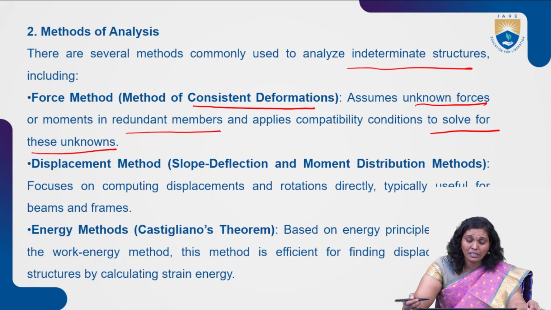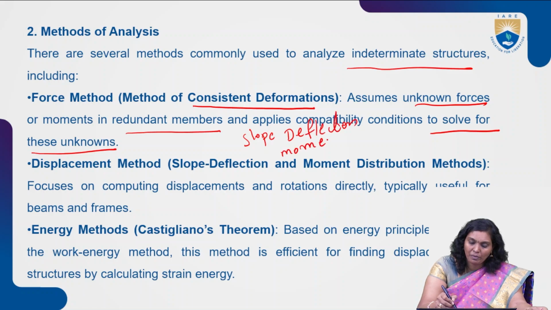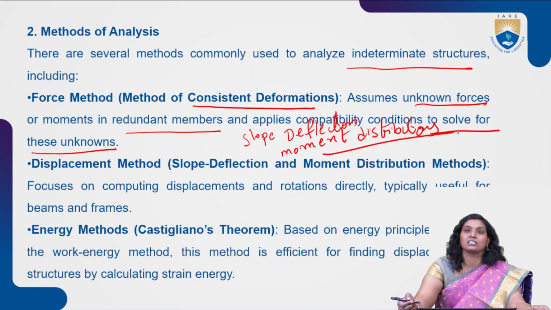Move on to the displacement method. The slope deflection method also comes under the displacement method, and also the moment distribution method. These are the two methods which we are going to understand in this displacement method consideration. They focus on computing displacements and also the rotations directly.